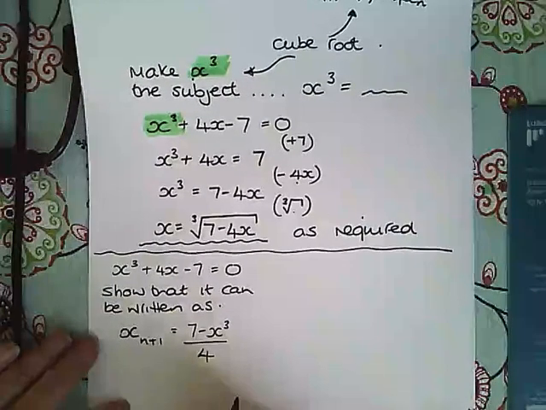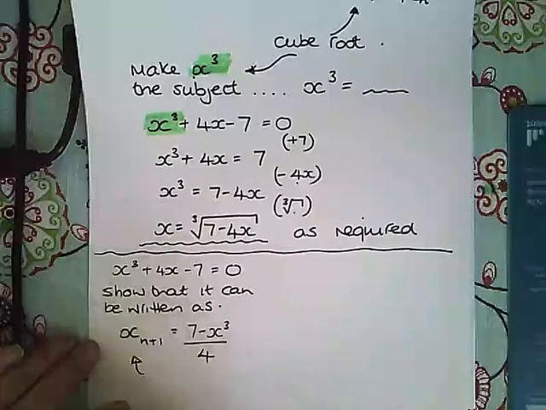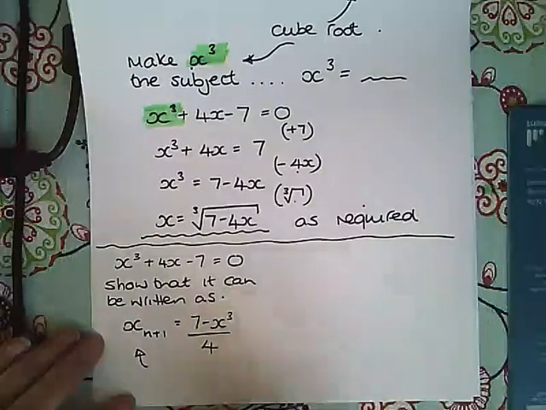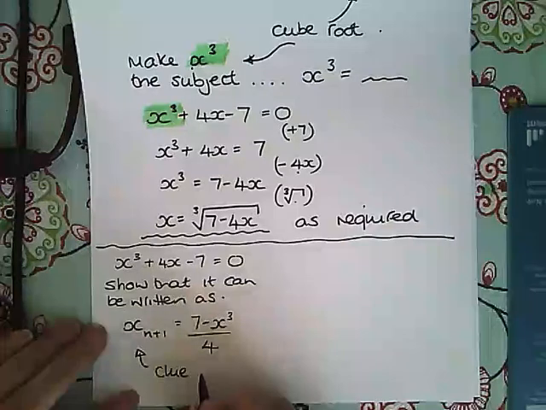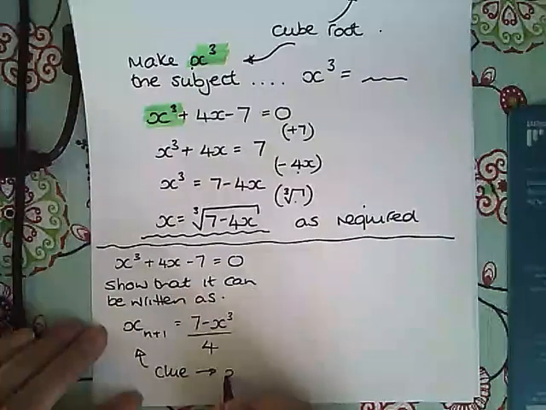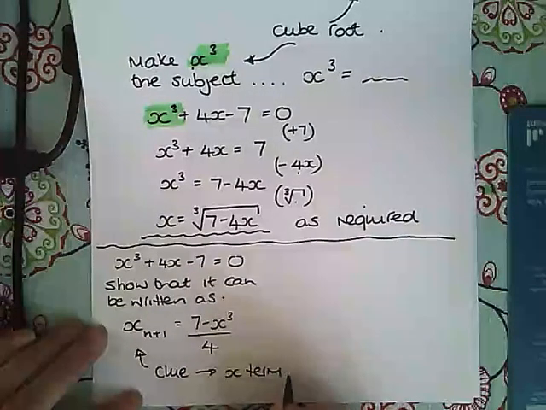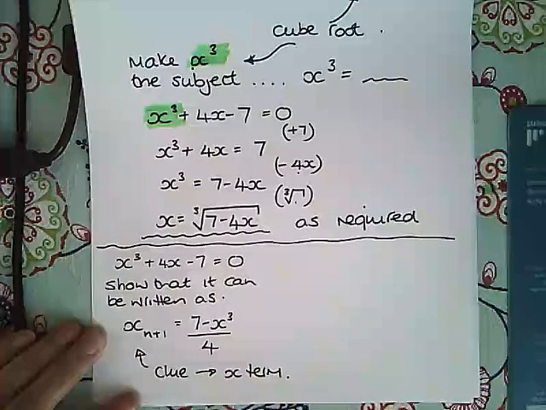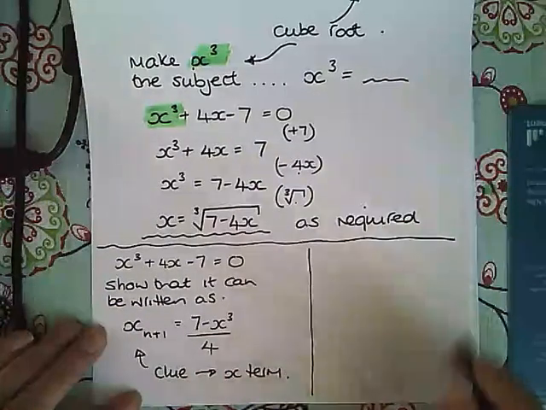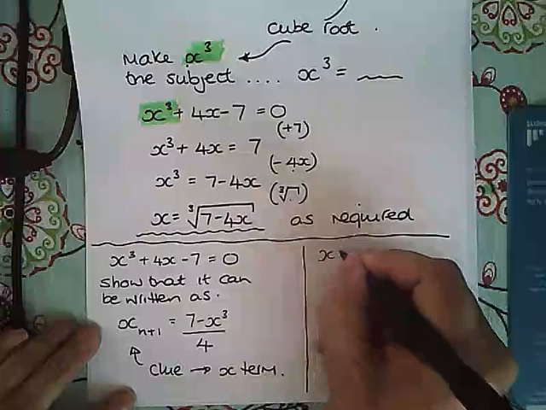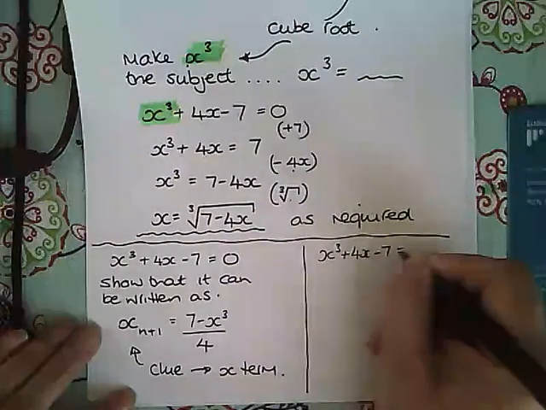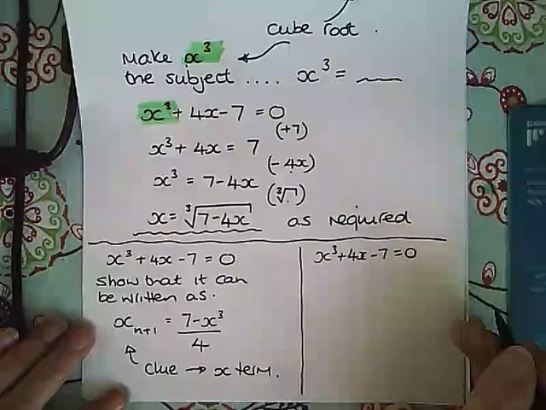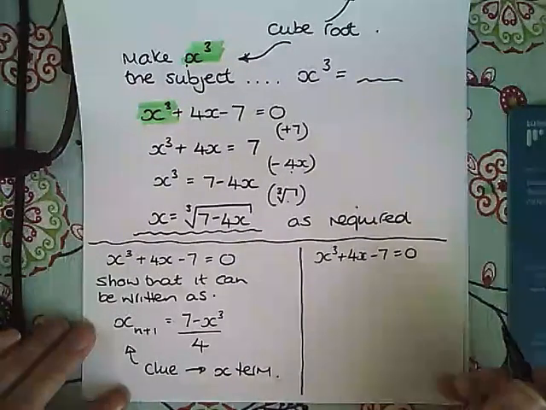This time our clue is that we don't have any cube roots or anything, so we're just going to deal with the x term, and in this case it's the 4x that we're going to try and make the subject. So if I start off with x cubed plus 4x minus 7 equals 0, I'm rearranging now to try and make x the subject.